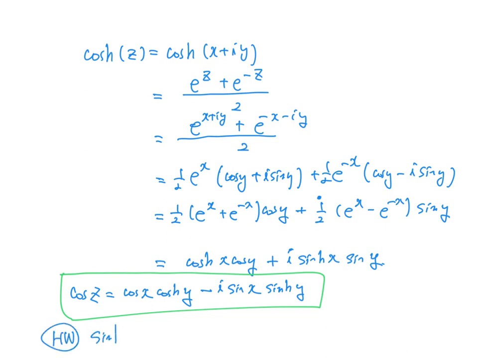sine hyperbolic z, tangent hyperbolic z, secant hyperbolic z, cosecant hyperbolic z, cotangent hyperbolic z.